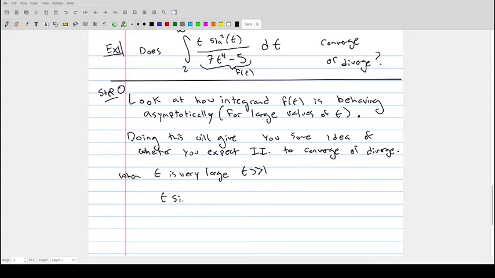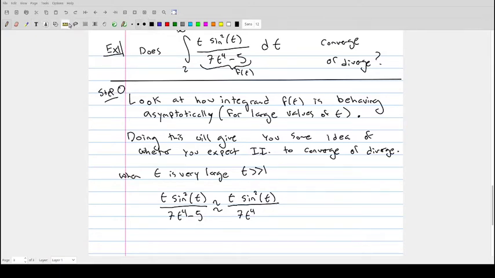t times sine squared of t over 7t to the 4th minus 5 is approximately equal to t times sine squared of t over 7t to the 4th, or not minus 5, sorry, just 7t to the 4th.